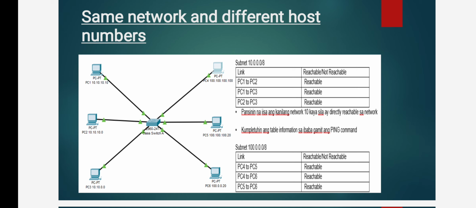And in subnet 100.0.0.0/8 have the link PC4 to PC5, PC4 to PC6, PC5 to PC6.